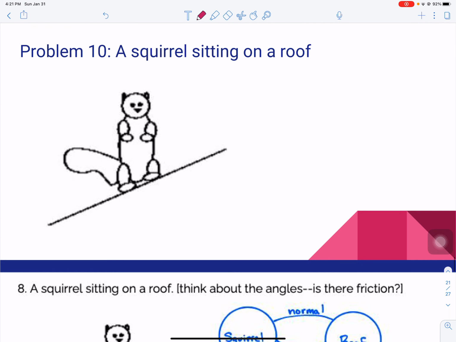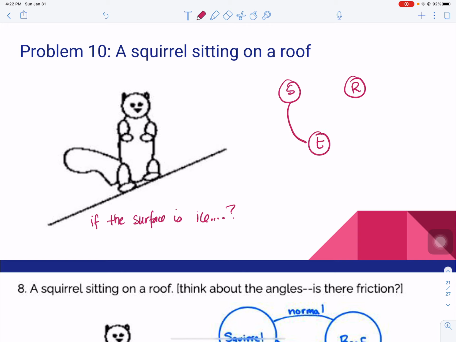Okay, problem 10, squirrel sitting on the roof. And again, we're going to think about if the surface is ice, so in other words, no friction. Okay. All right, so we've got a squirrel, roof, earth.